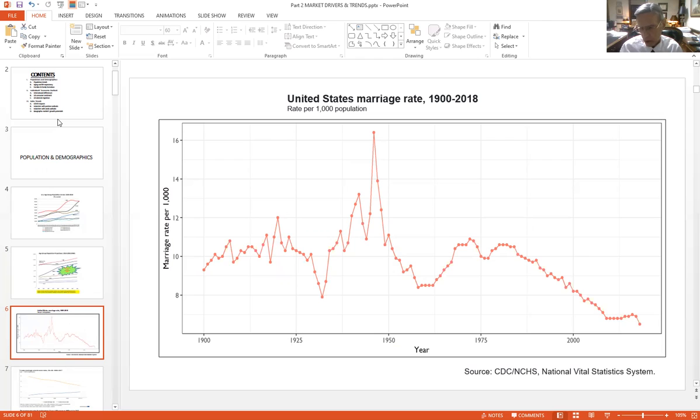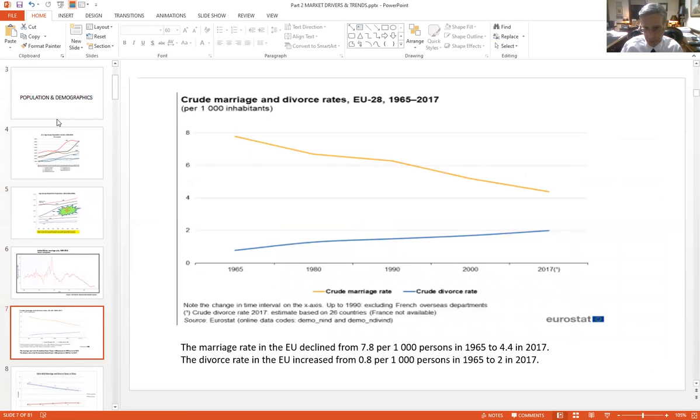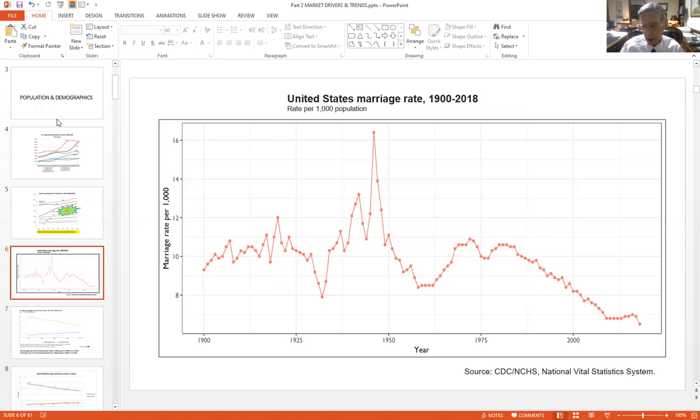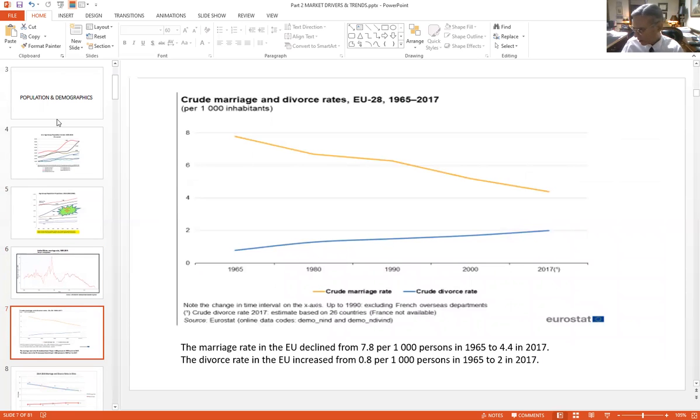So there's a lot in this chart because it speaks very specifically to changes in demand for products and services among younger people. By the way, whereas this chart is for the United States, here we see the same thing happening in Europe. So the chart we just looked at is not unique to the United States.